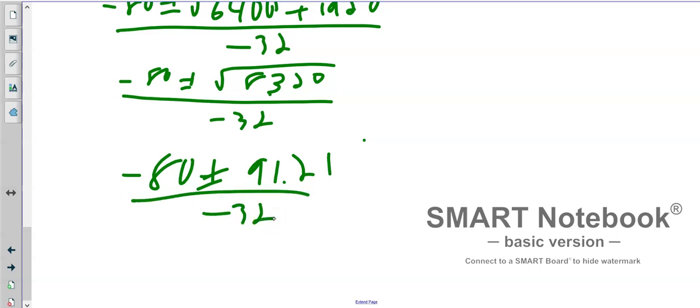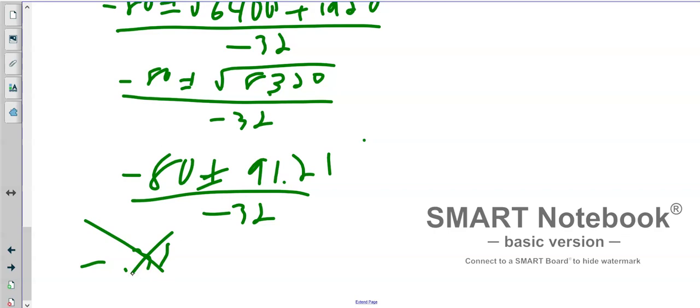So now you just do the number crunching. Negative 80 plus 91.21 equals 11.21 divided by negative 32 is negative 0.35 seconds. Well, that's out because we can't have a negative time.